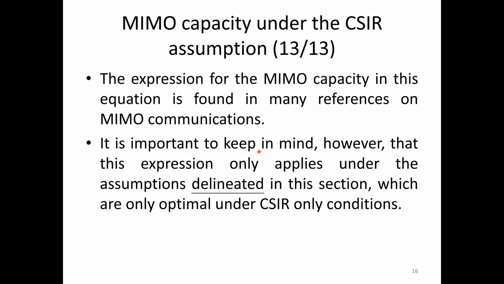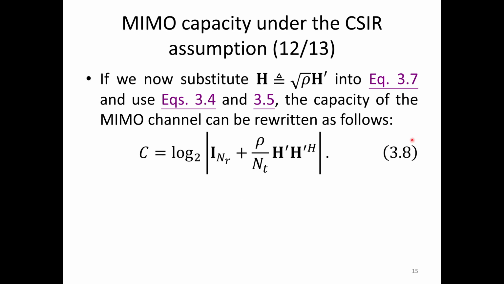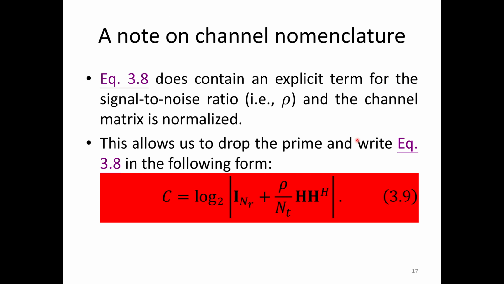Let us see equation 3.8 again. We drop this prime and drop this prime, that is, we remove these two primes. And finally, we will get this equation: C is equal to log 2 of the determinant of INR, where INR is an NR by NR identity matrix, plus rho over NT times H H Hermitian.